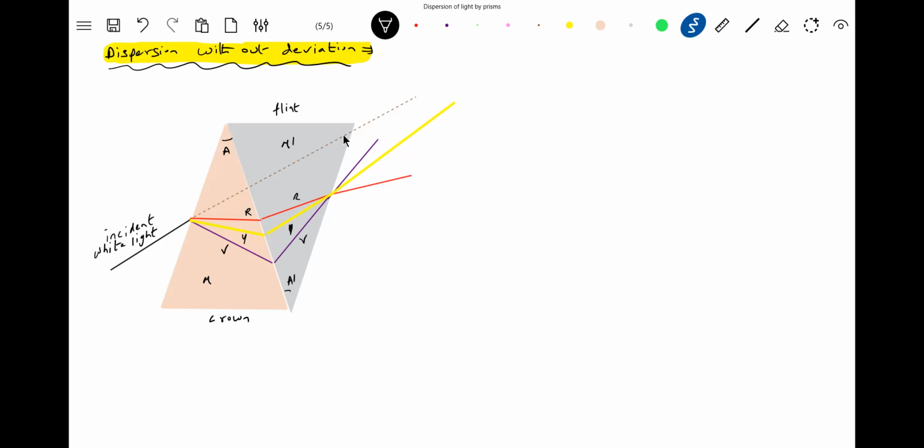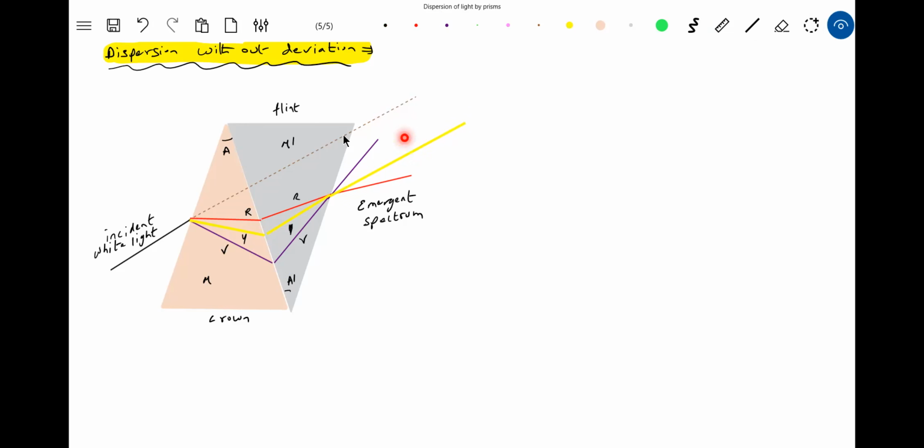We have to bring all again the same thing. So here we do get a spectrum, the emergent spectrum, but dispersion without deviation. I think I'll draw it properly. These two should be parallel.